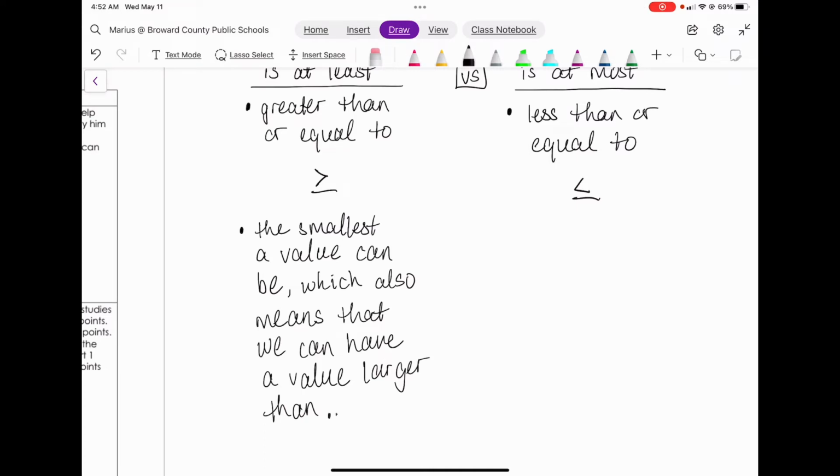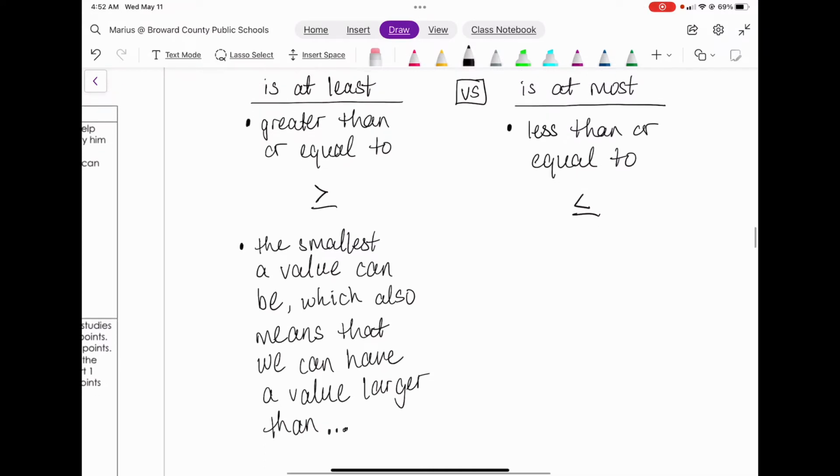Alright, and I'm going to just leave it at larger than. So once again, is at least is another way of thinking that the smallest a value can be, which also means that we can have a larger value than that one.